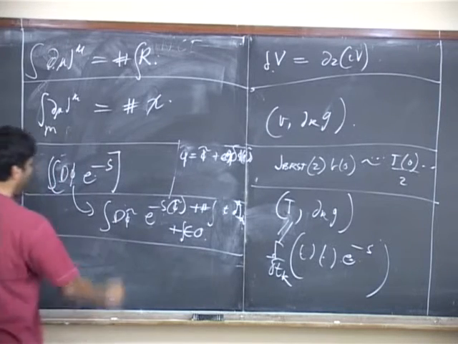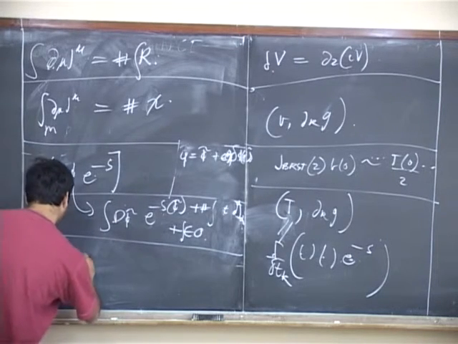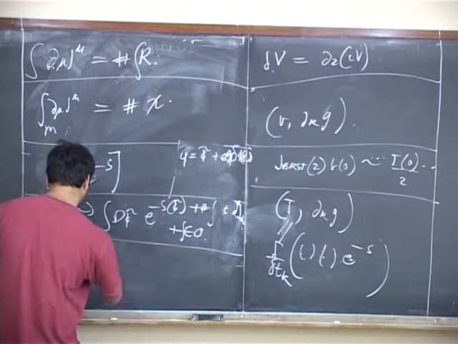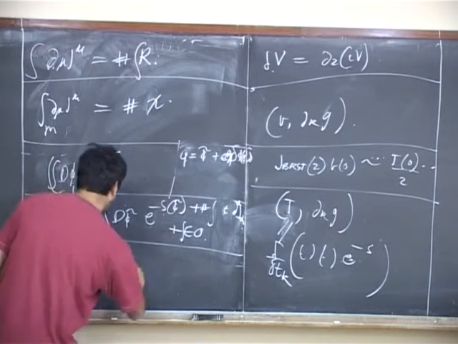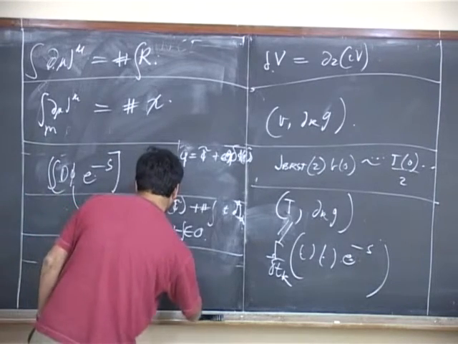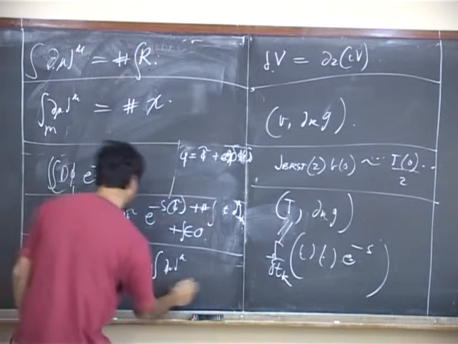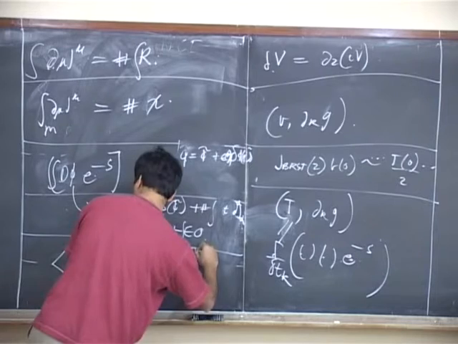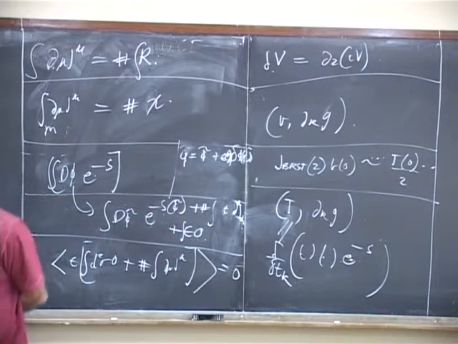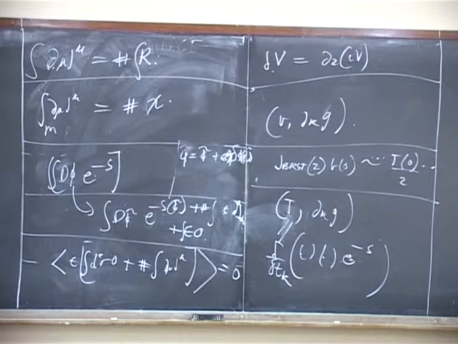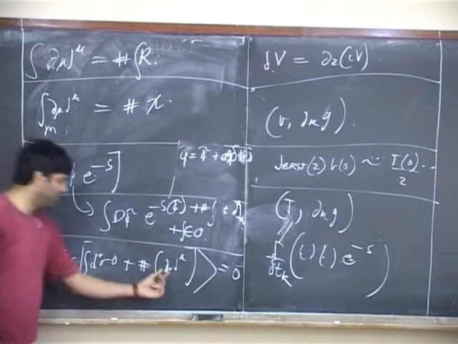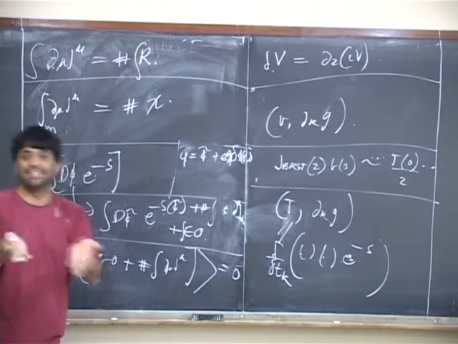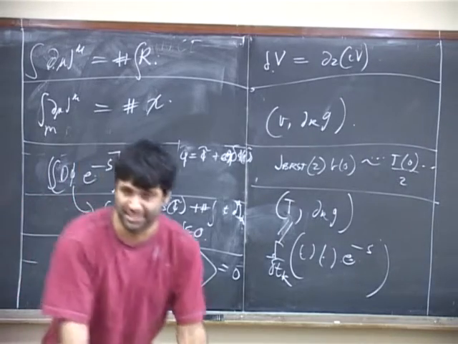We conclude that the insertion of epsilon times the integral of O plus some number times the integral of del mu j mu is equal to 0. So in the case where this operation is not a symmetry, we don't derive the equation that del mu j mu inside the path integral is 0.